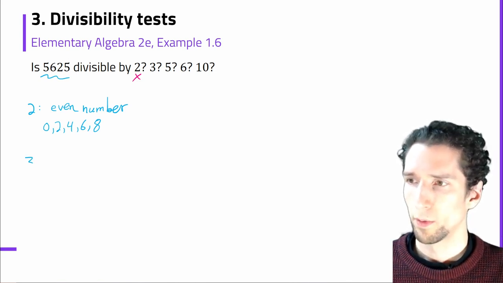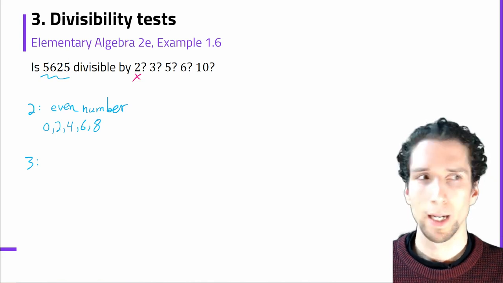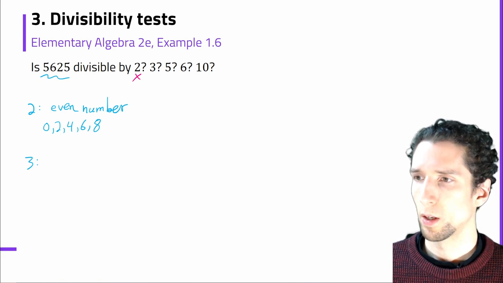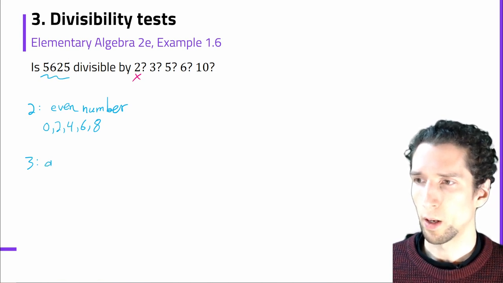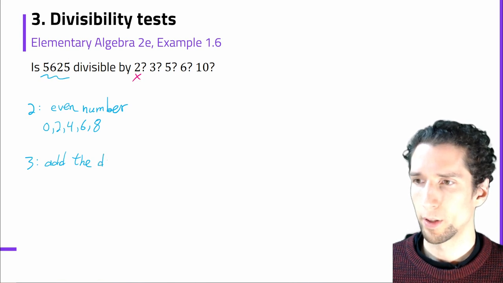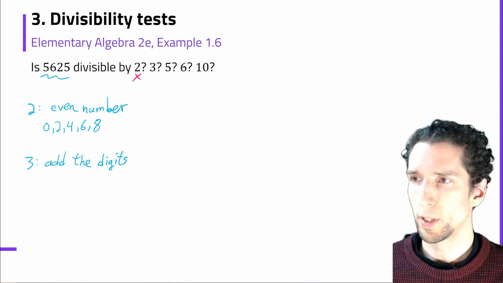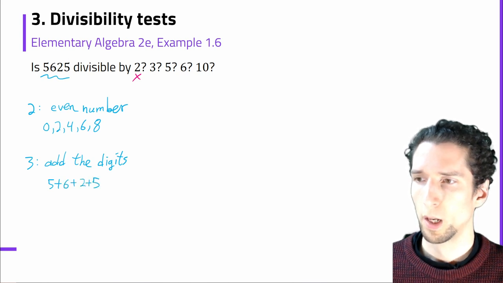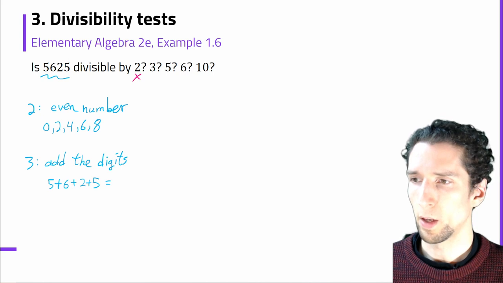Next one, 3. If we want to know if it's divisible by 3, we can add up the digits. Take each digit separately: 5 plus 6 plus 2 plus 5, and that is equal to 18.